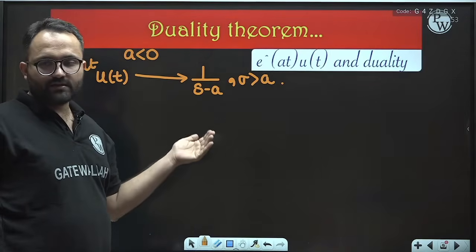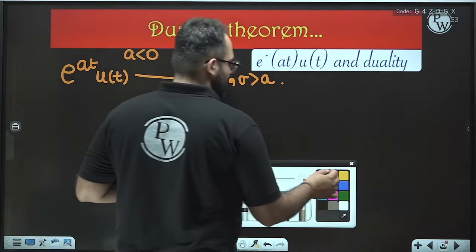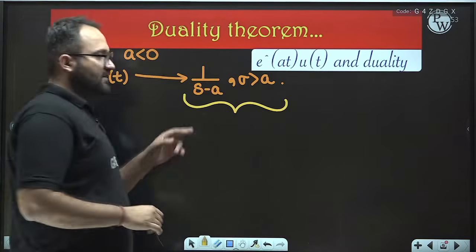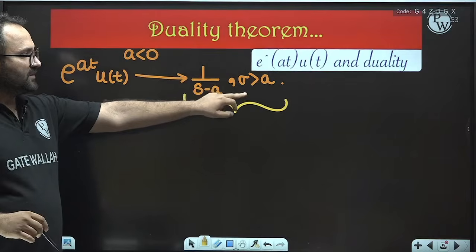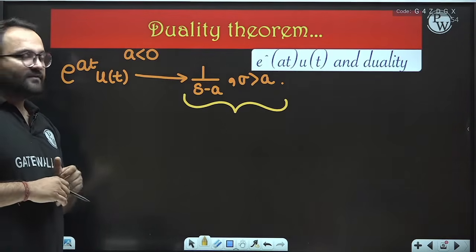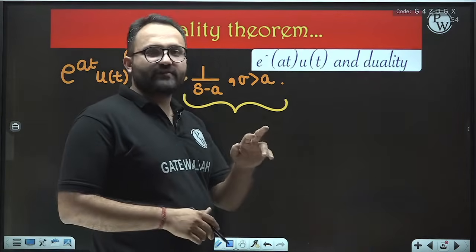Now here we can say that this ROC, sigma greater than a, since a is a negative number, the ROC of the Laplace transform includes the j omega axis.